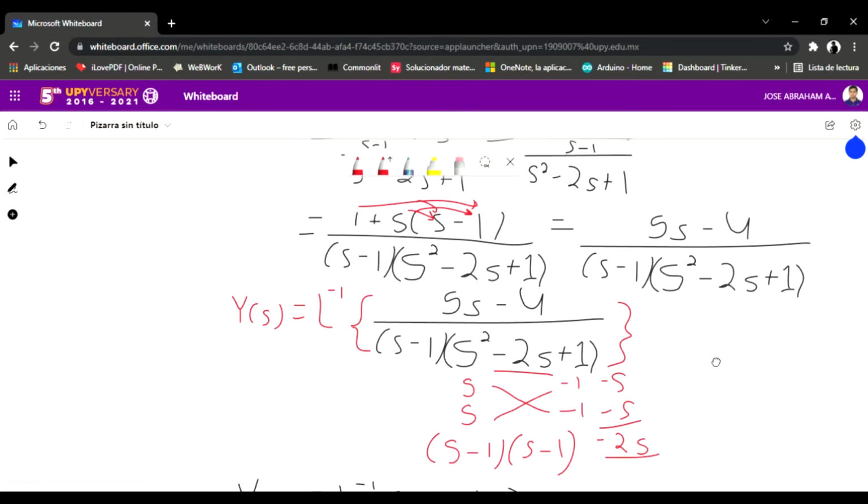And having this, we can make the equation simpler.